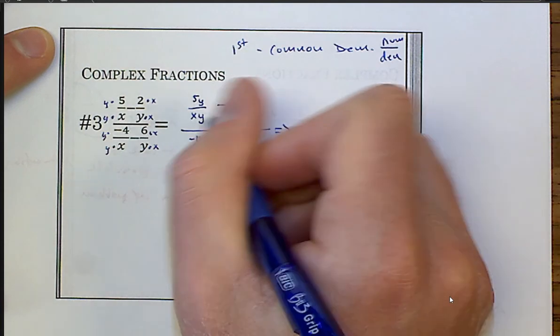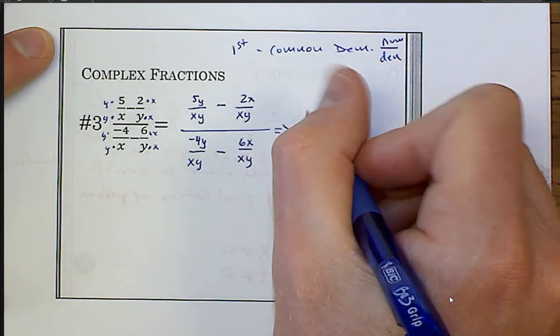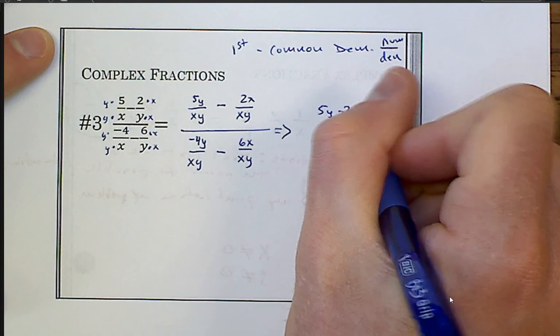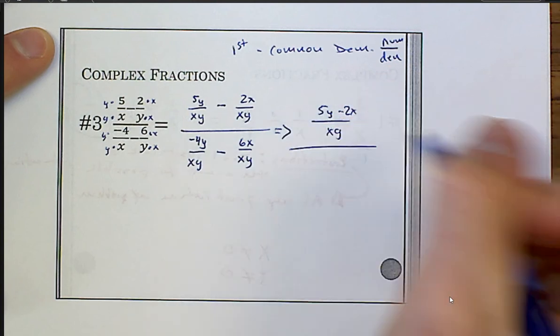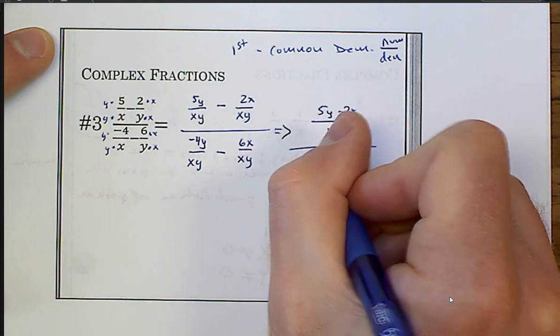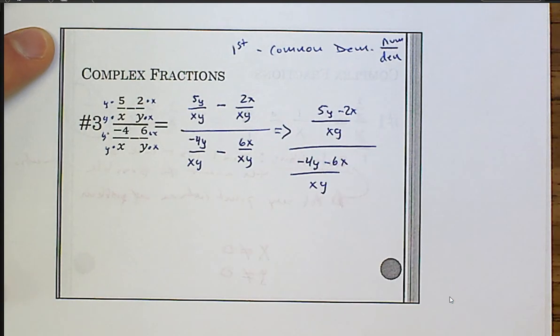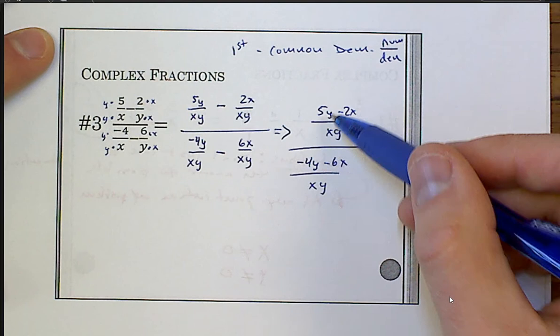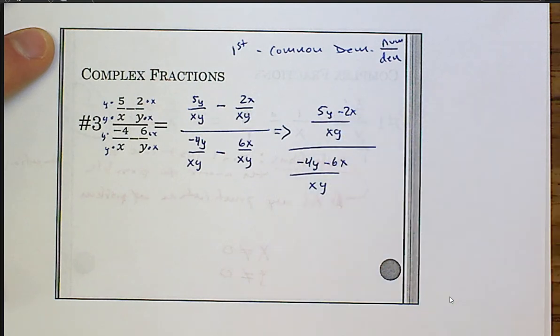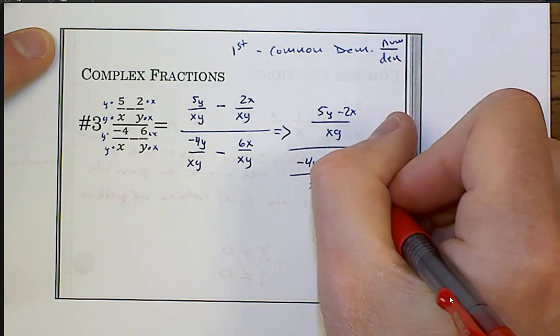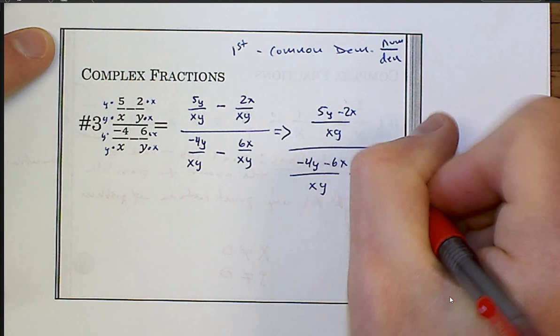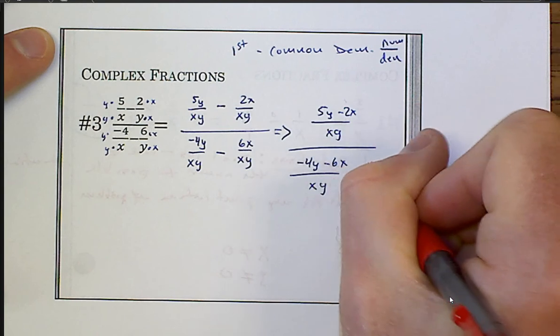Because I have a common denominator, I can go 5y minus 2x over xy over negative 4y minus 6x over xy. Okay? Now that I have a fraction within a fraction, after all that work just to get to this point, now I can multiply by the reciprocal of the denominator.